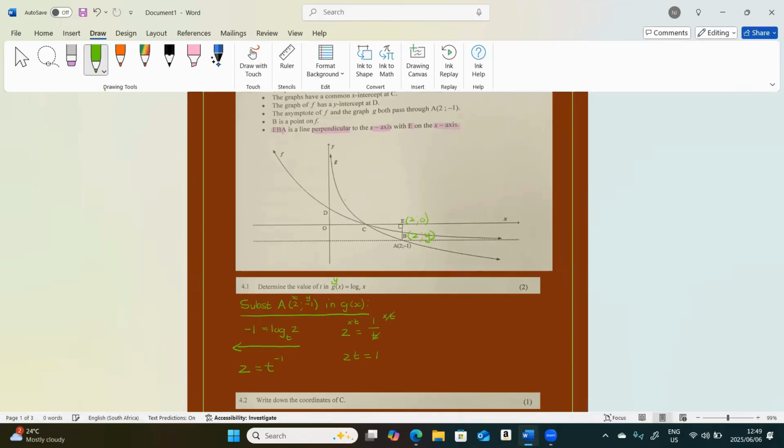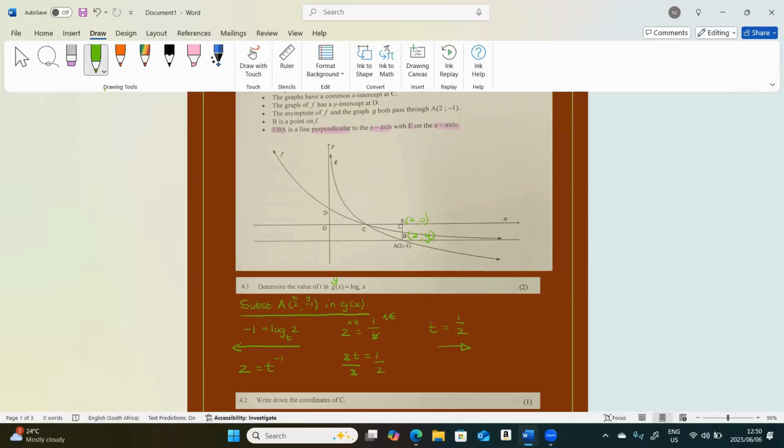And then it's very obvious that to isolate t, you have to divide by 2 for that 2 and that 2 to cancel. Your final answer is t equals 1 over 2.